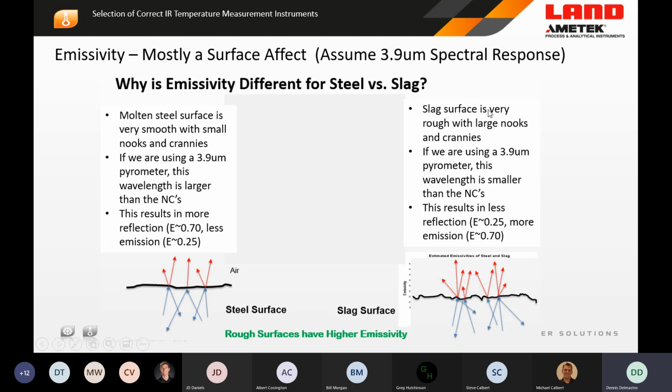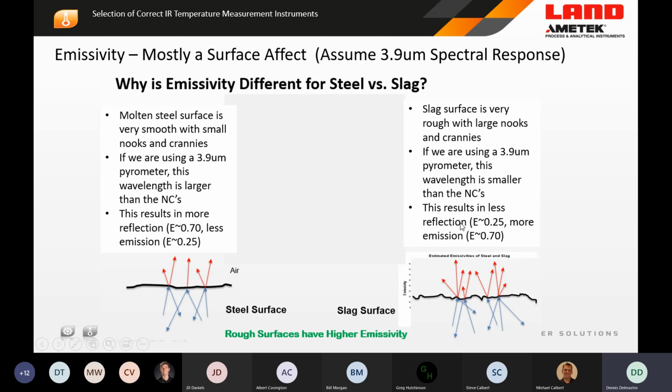Now let's just look at the slag surface. Well, it's the opposite. It's rough. It has very large nooks and crannies. So when we're still using the same pyrometer at 3.9 microns, this wavelength is smaller than the nooks and crannies. So the energy actually gets diffused in those little nooks and crannies.